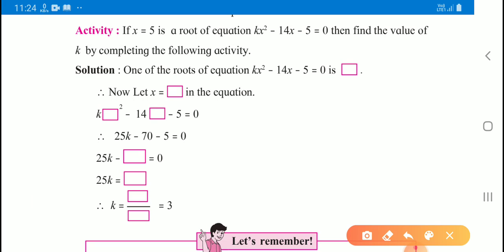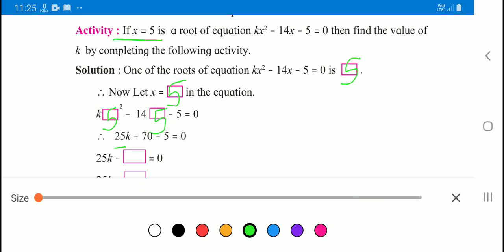Now look, one of the roots of the equation kx square minus 14x minus 5 equal to 0 is given, that is x equal to 5. So we have to put x equal to 5. Now k into 5 square, 14 into 5. Okay. Look, here they have given 5 square is 25. So 25k is here.